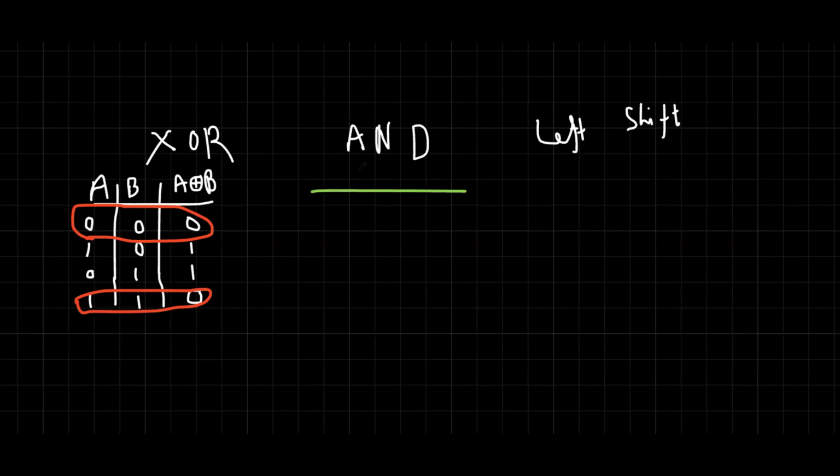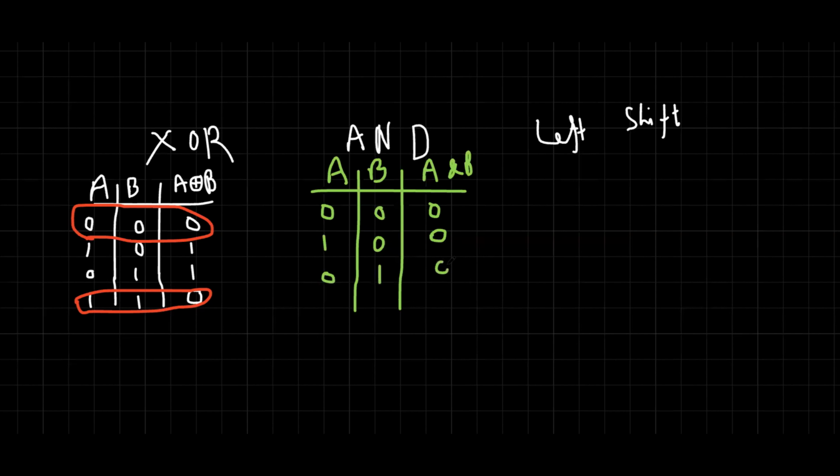Now let's understand the truth table of the AND operation. It is A, it is B, and it is A AND B. If the value of A is 0 and the value of B is 0, their AND will be 0. If the value of A is 1 and the value of B is 0, their AND will be 0. And if the value of A is 0 and B is 1, their AND will be 0.